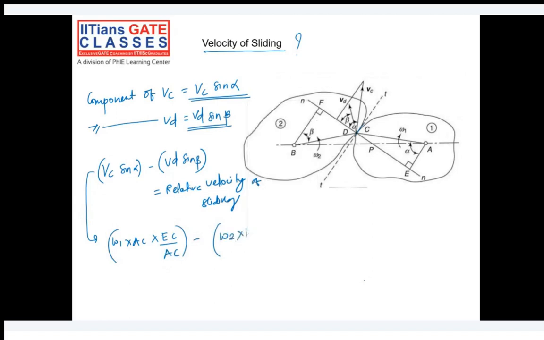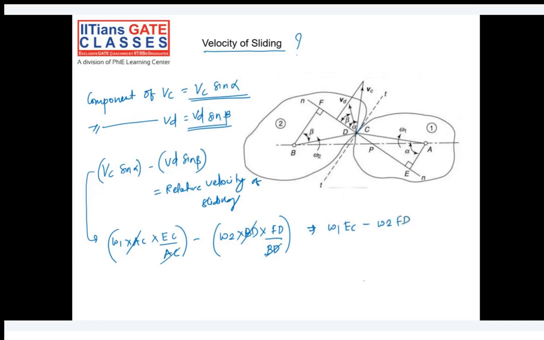And what is sine of beta? Sine of beta is perpendicular divided by hypotenuse, that is FD divided by BD. BD will get cancelled, AC will get cancelled. So ultimately, omega 1 into EC minus omega 2 into FD.